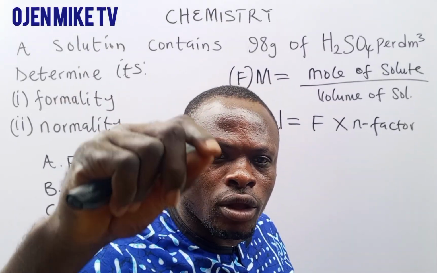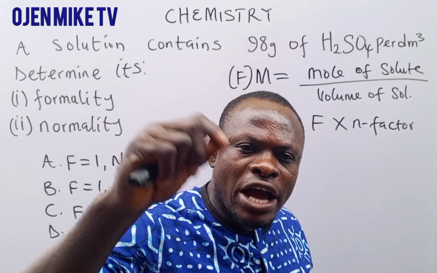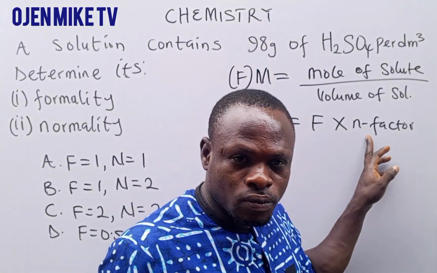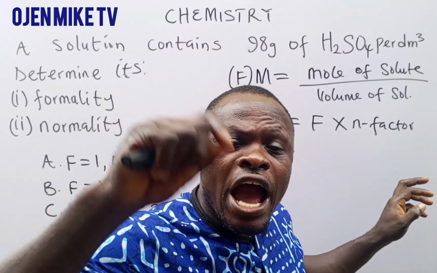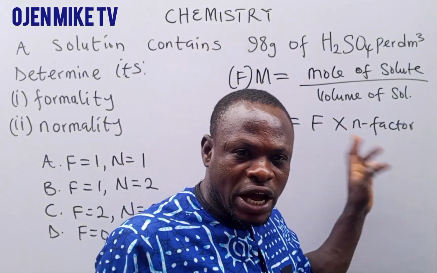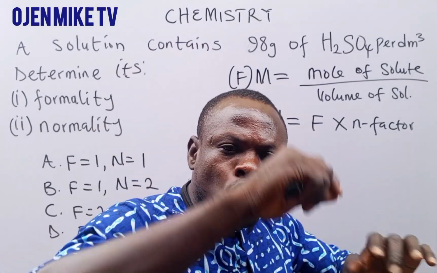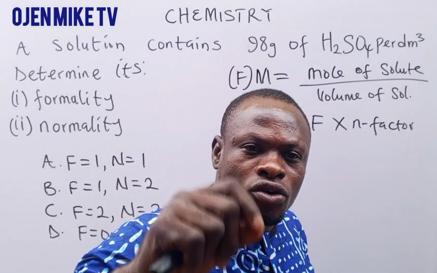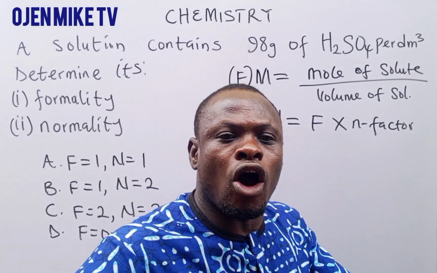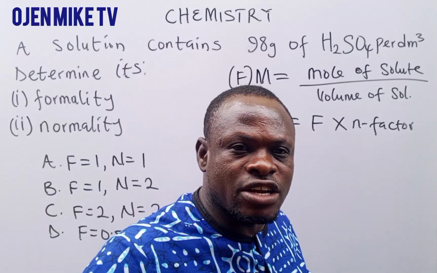For acid, the number of replaceable hydrogen ions is the n factor. For base, the number of hydroxyl ions is the n factor. For salt, the total number of charges of the salt is the n factor. And for redox reaction, the total number of electrons is the n factor.